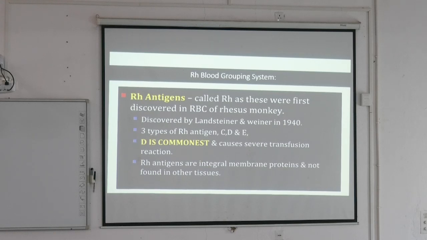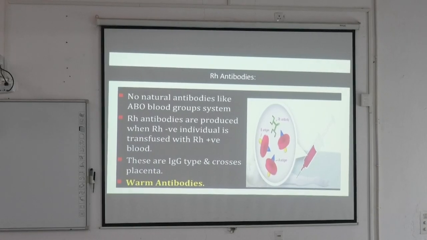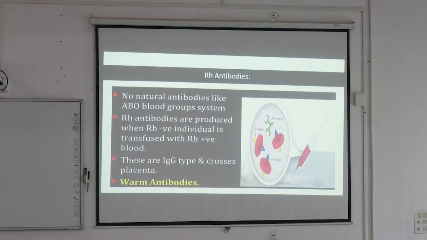But Rh antigen or D antigen is exclusively present on the surface of RBC, and among the 3 Rh antigens, C, D and E, D is the commonest and most important. There are no natural antibodies like in the ABO blood group system. Rh antibodies are produced when an Rh negative individual is transfused with Rh positive blood, and these are IgG type, warm antibodies, and can cross the placenta.